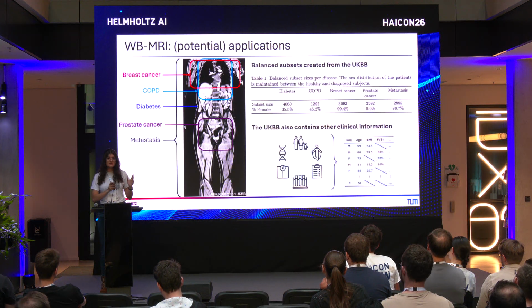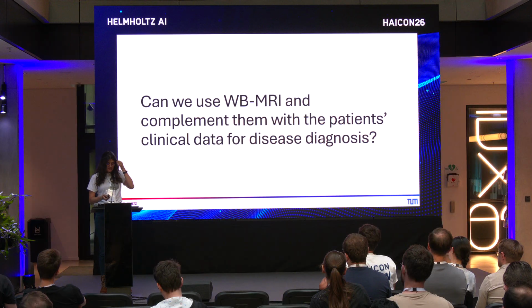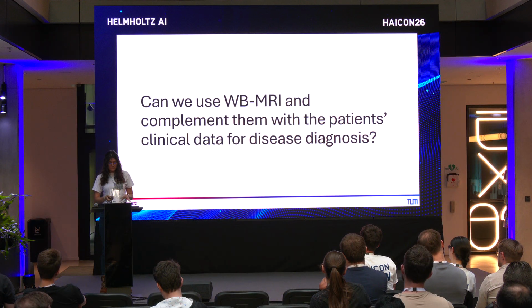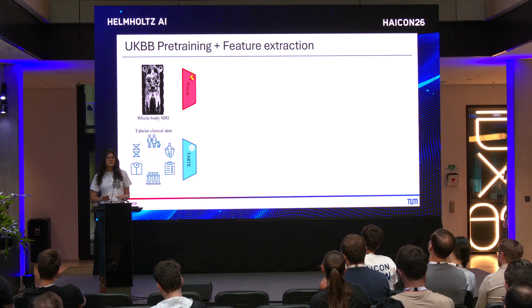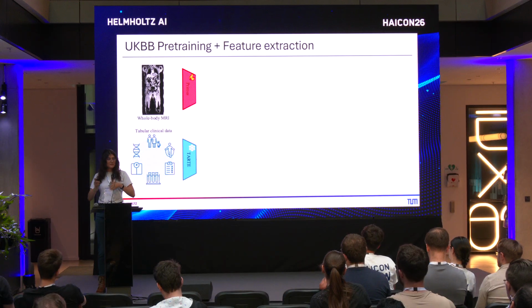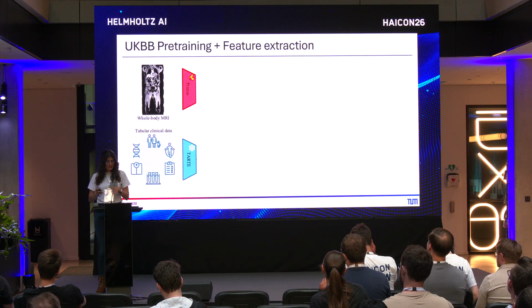So taking these both sources of information that we have, we ask these questions like, can we use whole body MRIs and complement them with the patient's clinical data for disease diagnosis? And the way we did this was, well, first, we selected 2 independent backbone encoders for each type of data.